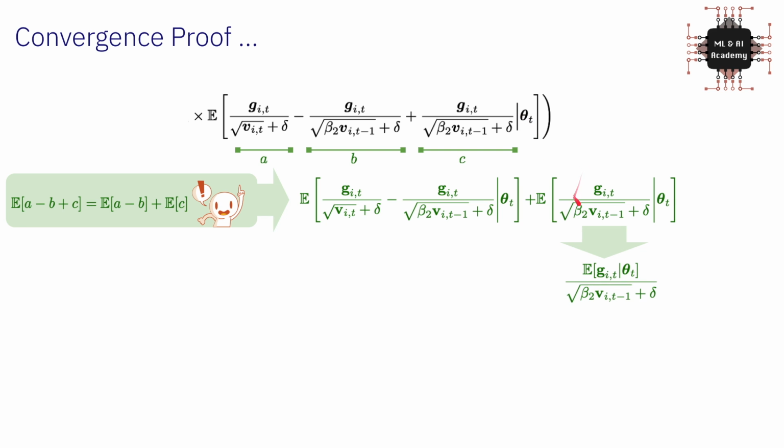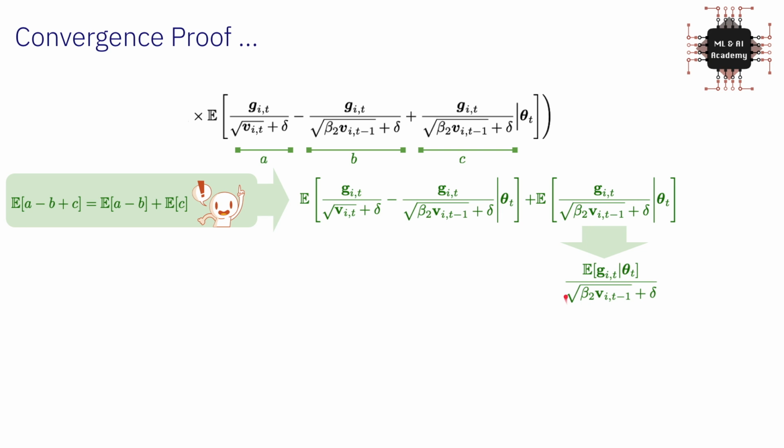So now it's interesting to realize here that given theta t, the denominator of this equation is fully known, right? Because this depends on t minus 1. So it's like square root of beta 2 V_{i,t-1} plus delta. So this is fully known. It's not really random. It's like a constant.